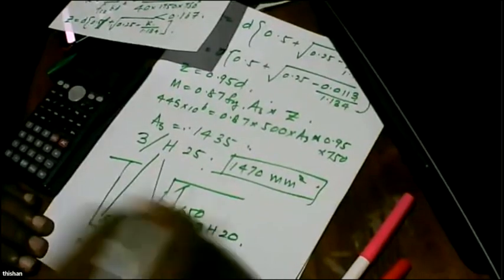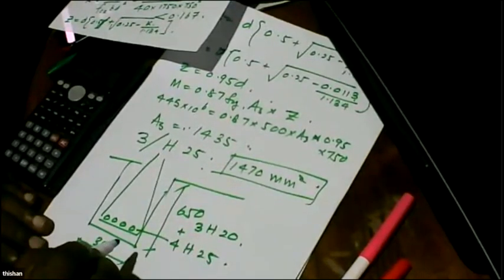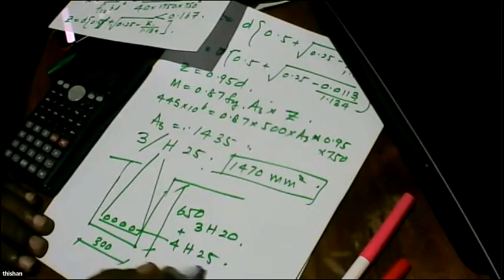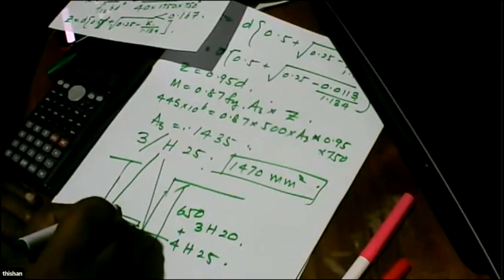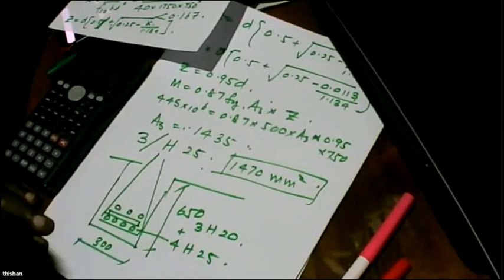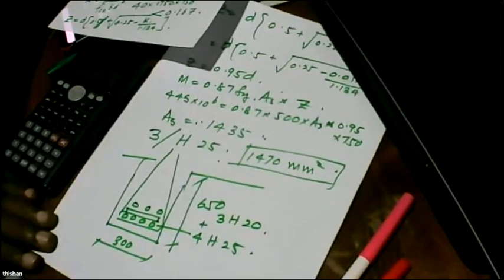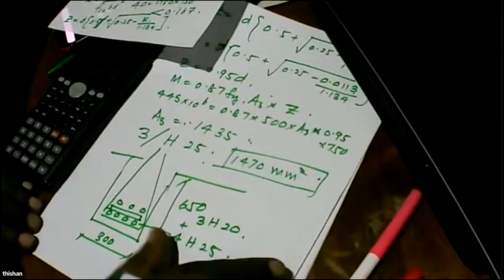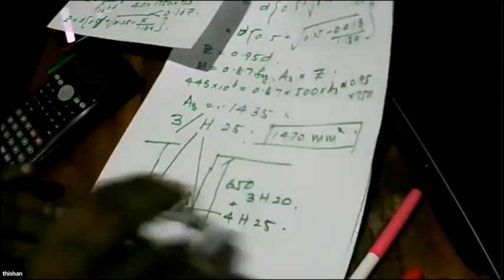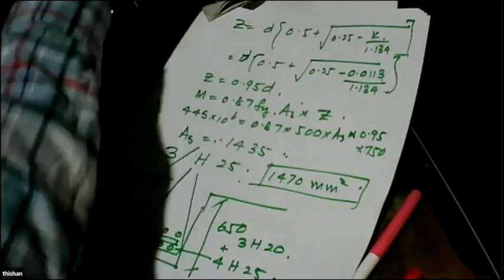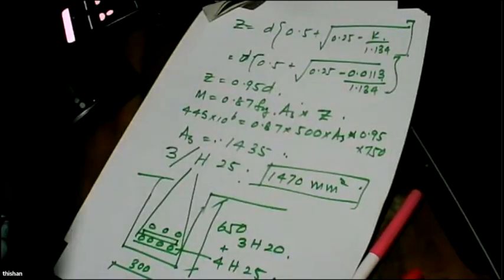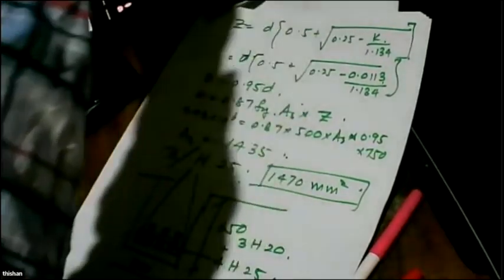Instead of 4 numbers of H20 and 3 numbers of H25, I have provided 4 at the bottom, and I can provide 3 bars here. So that's the kind of reinforcement you end up with. This way you can provide the reinforcement.